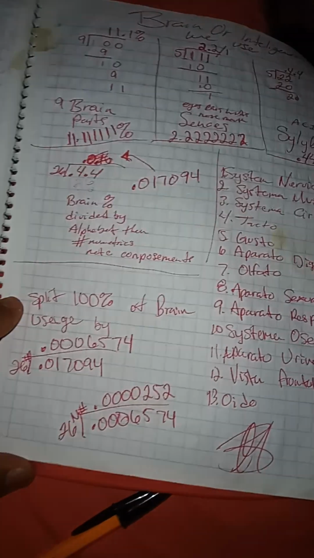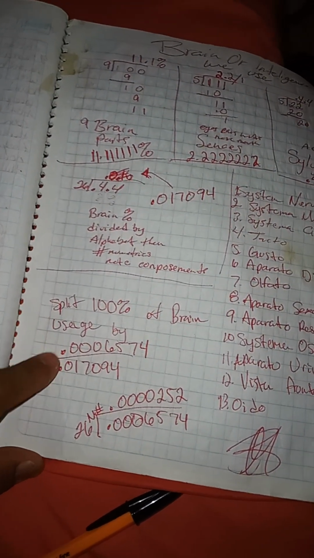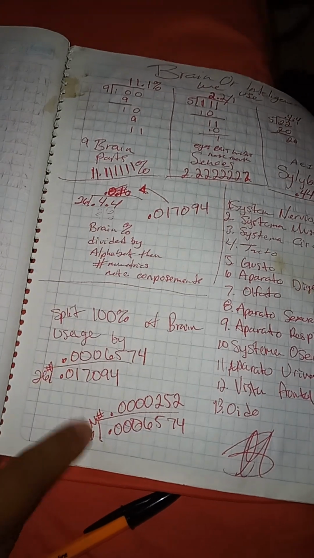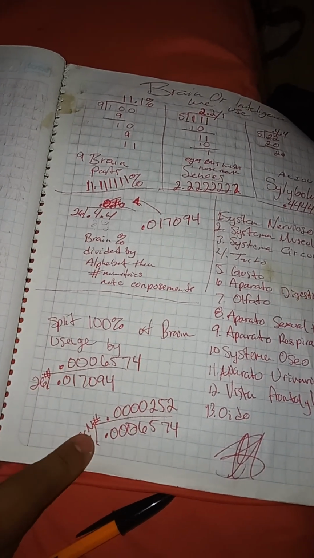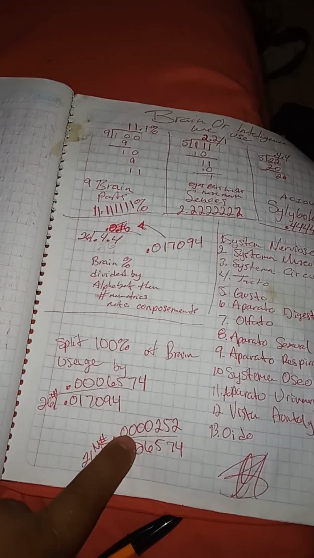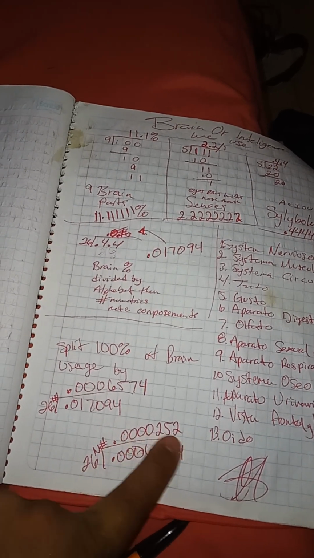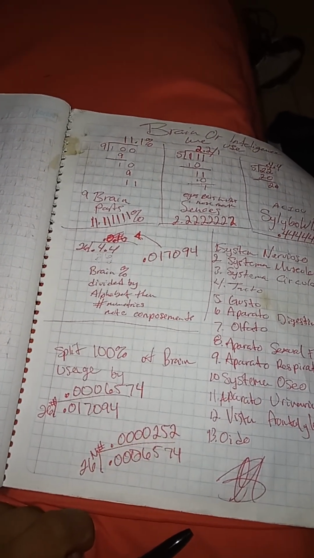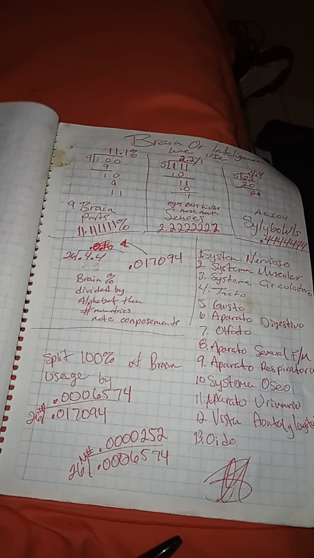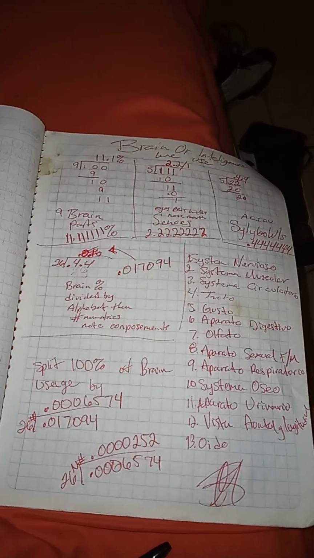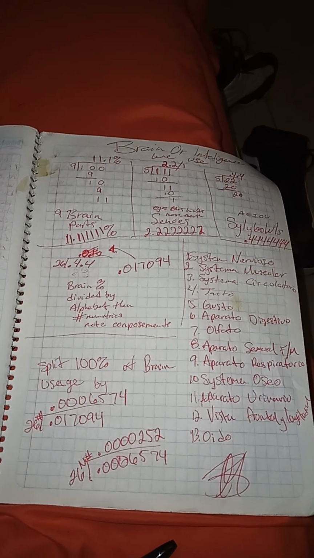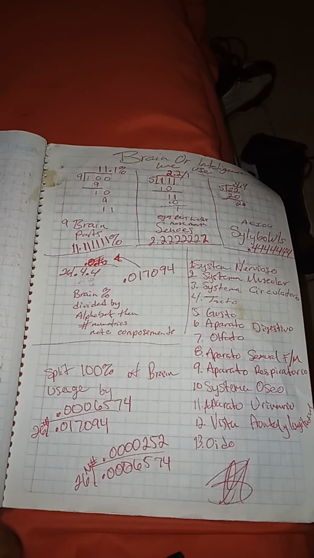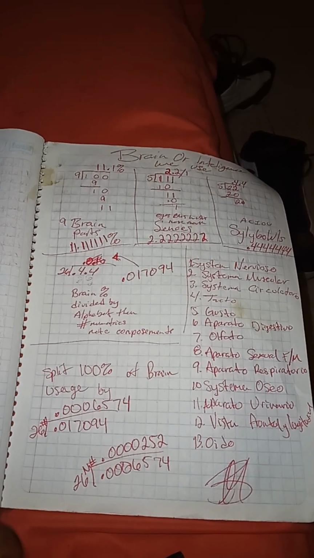So we split 100% of our brain usage by point. This is the numeric system. So this is the one that we're on: 0.0000252. So in order for us to get to a 1.0008, I would have to be like 100 times faster developing all this information. Probably it's high.